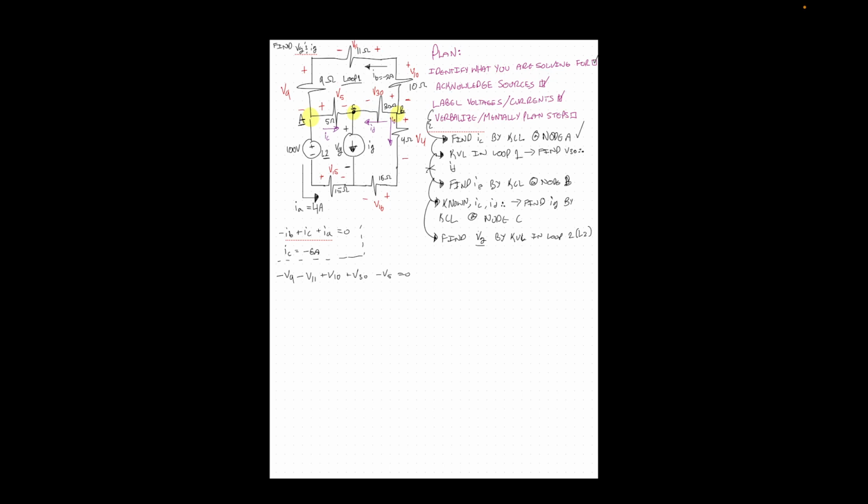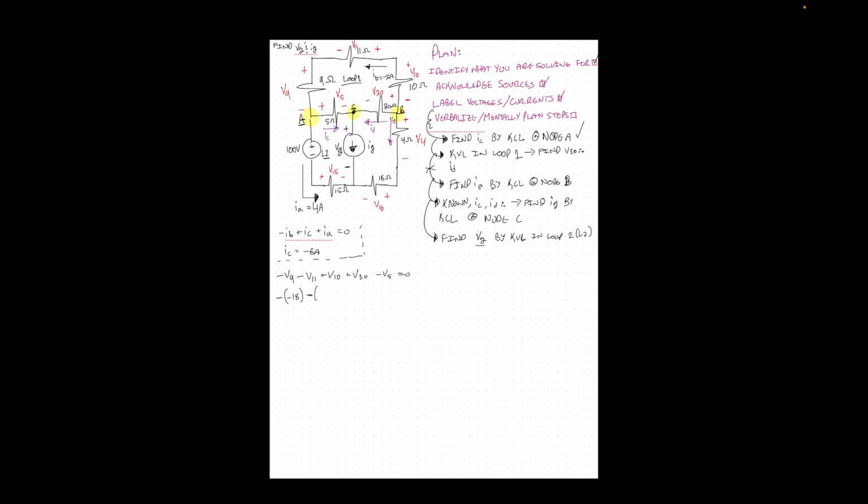So V9. V9 is going to be composed of my 9 ohm resistor and my current IB. So the minus stays from my KVL. My V9 is going to be -18 minus my V11.